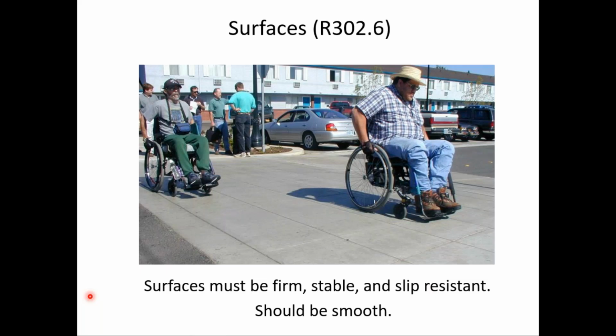Same with metal. We could have a metal bridge structure on the sidewalk. It's firm and stable, but we may need to do something to provide adequate slip resistance. Things like I mentioned earlier, bare earth, grass, mulch, and stone are not considered accessible surfaces because they are not always firm and stable.